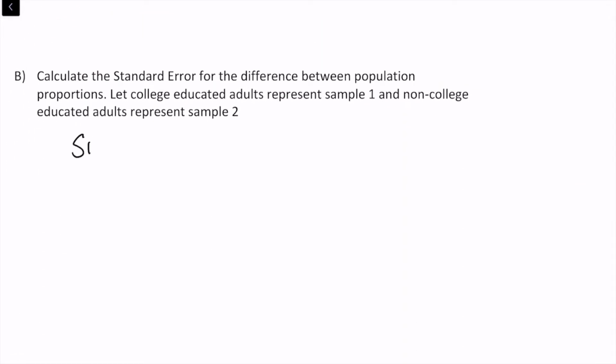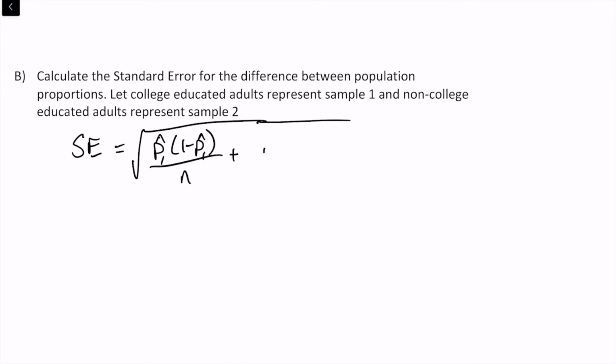The standard error, we'll call it SE, equals the square root of P1 hat times 1 minus P1 hat over n1, plus the same thing with P2 hat over n2, all underneath the square root. That is our standard error.